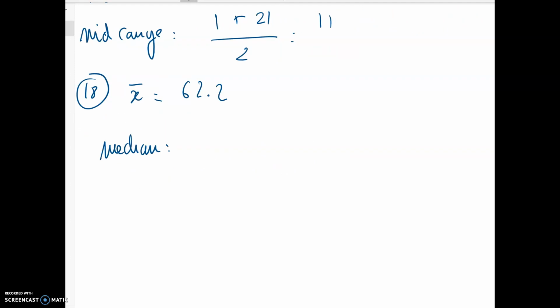On problem 18, we need to calculate the mean. For that, I'm adding all the numbers divided by the total number of numbers, and that gives me 62.2.